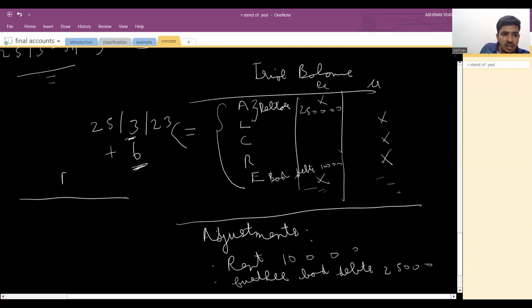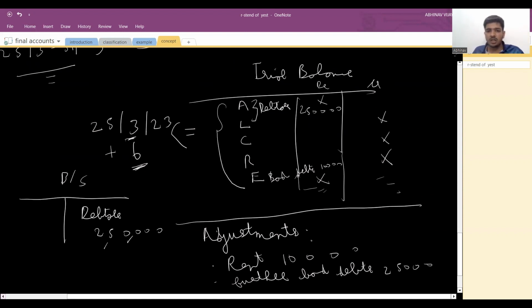In your balance sheet, this debtor is there, 2,50,000. Now I told you before, this bad debts will not be subtracted from this debtor because as at 25th March 2023, all the adjustments that could happen in debtors have already happened.